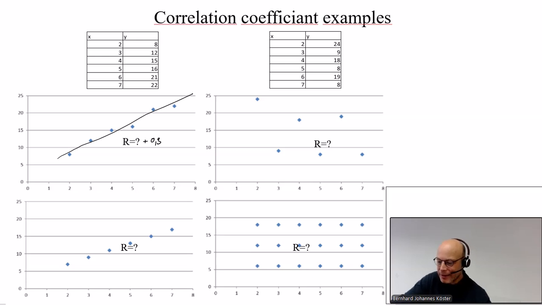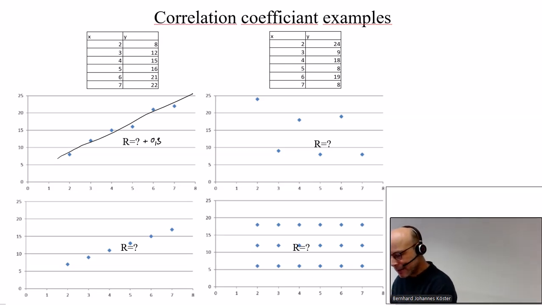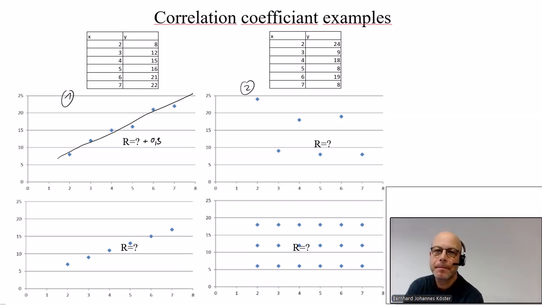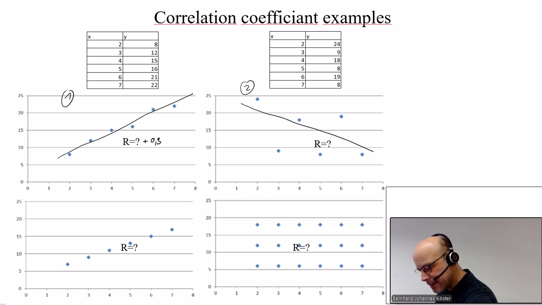And here the second one. So this is 2. So yeah, okay, I also think that somehow maybe it's a minus. But do you really think that here your R would be in the neighborhood of -1? 0.9?